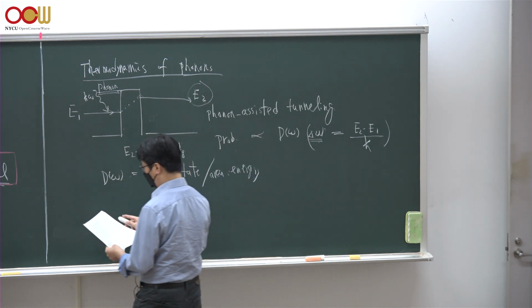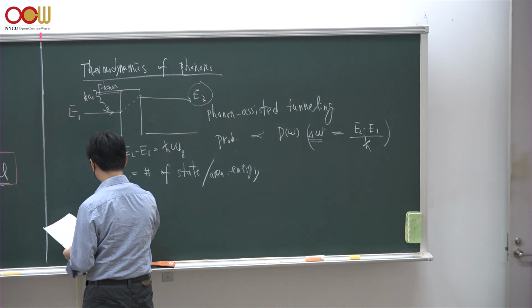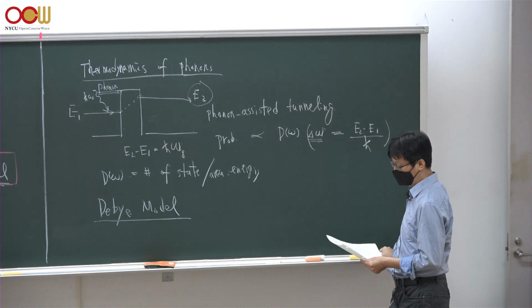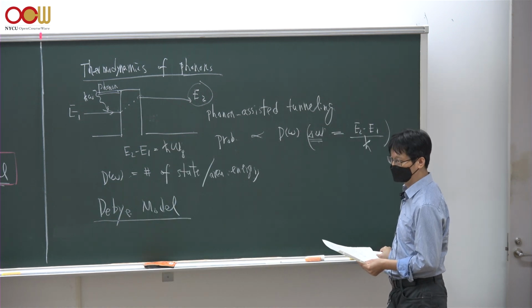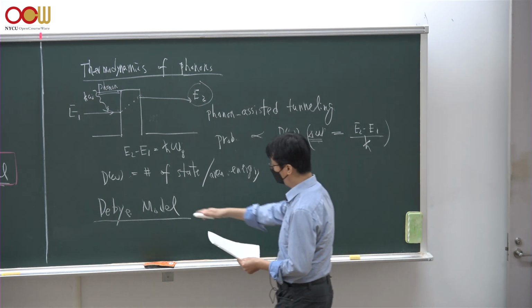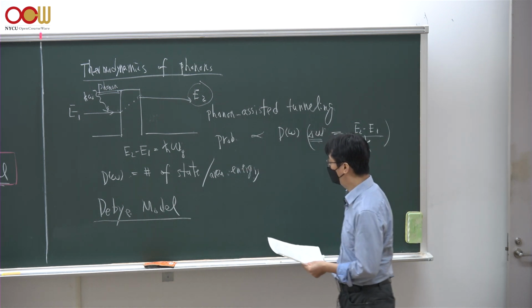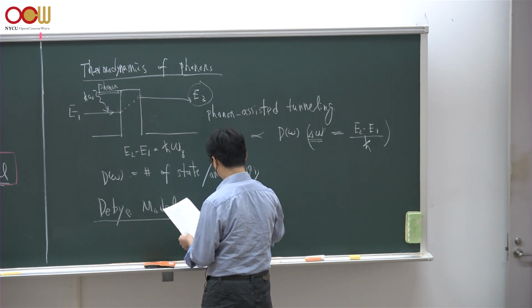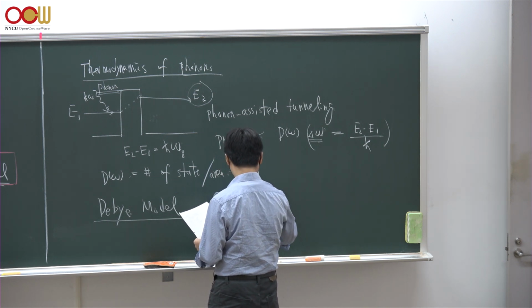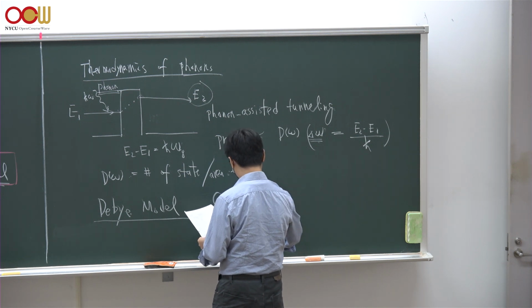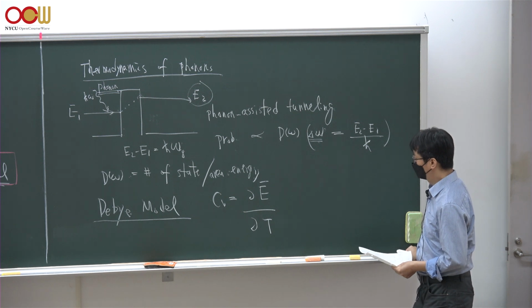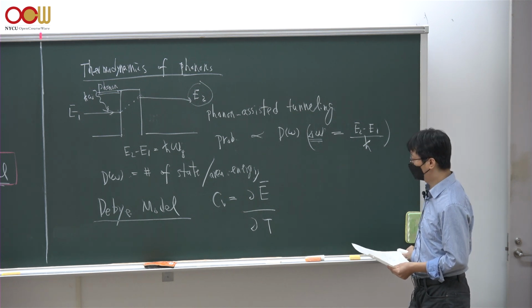And we will employ a model called the Debye model, which is the approximate model calculation for phonons. Okay? And we will define what I mean by the Debye model later, but let's just sketch what we would do. So what we would do is to evaluate the specific heat, which is the temperature derivative of the average energy, E bar.